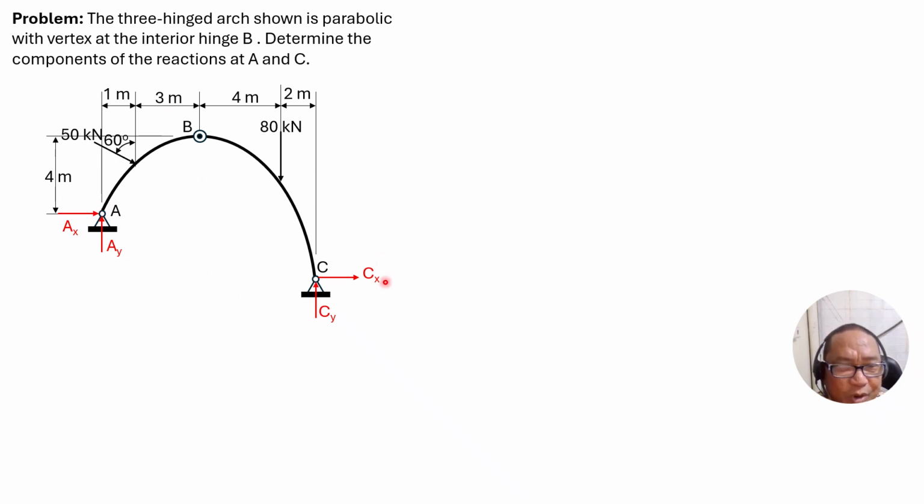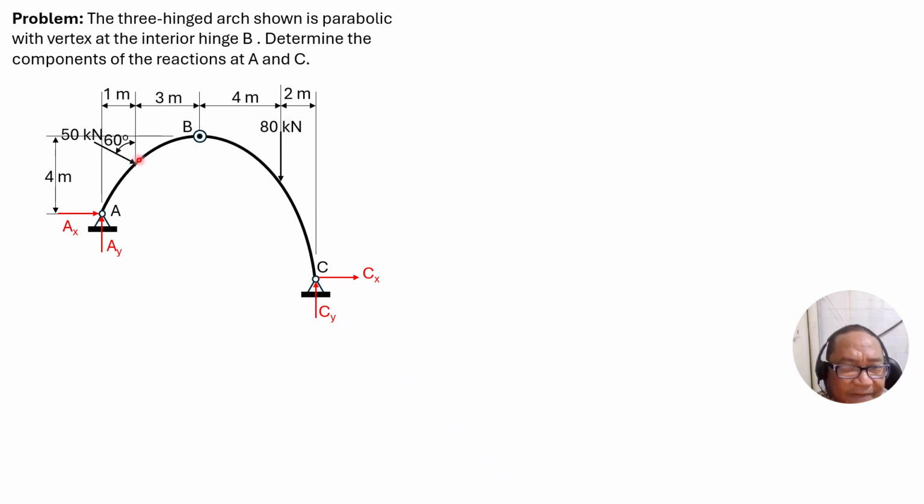So considering this whole system, we sum up moments about C, considering clockwise positive. But before that, let's compute the vertical distance of the 50 kilonewton load from B and the 80 kilonewton load from B, as well as C from B, because it is stated that the interior hinge is the vertex of this parabola.